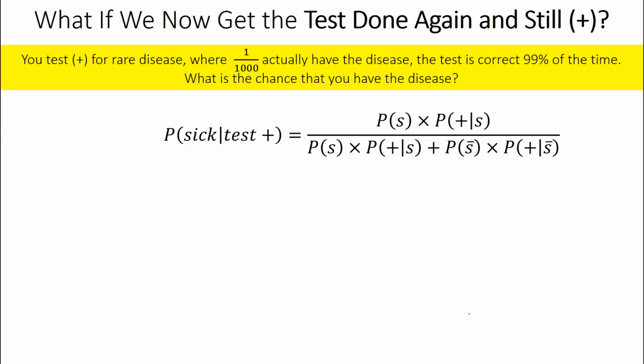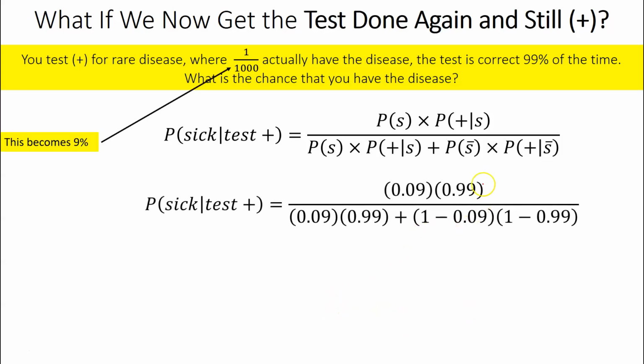All right. Here's where Bayes' theorem starts to shine, though. I know it's a lot of complicated stuff, but what if that person then goes back and gets a second test, exact same test, taken again? This is the beauty of Bayes' theorem. We can update the probability then. Instead of 1 out of 1,000, it's 9 out of 100, which is 9%.